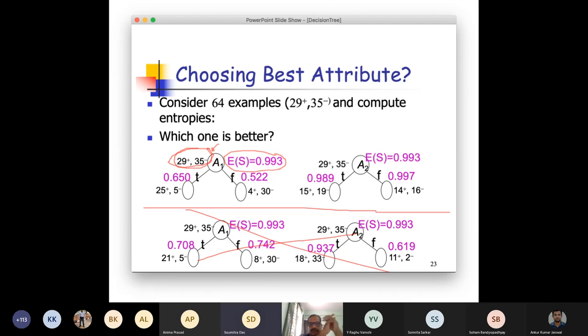Then it will be 30 by 64 into 0.650 plus 34 by 64 into 0.522, and that would come as 0.993. How do you say? Because it has to be between 0.650 and 0.522. How could the average of 0.650 and 0.522 be 0.993? So it is not true. You have not understood this concept.